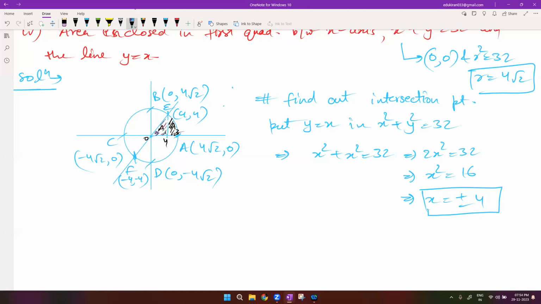So to find A1, the area under the line. Now, if we didn't have these intersection points, we would not know from which point to which point we need to integrate the line, and from which point to which point we need to integrate the circle.